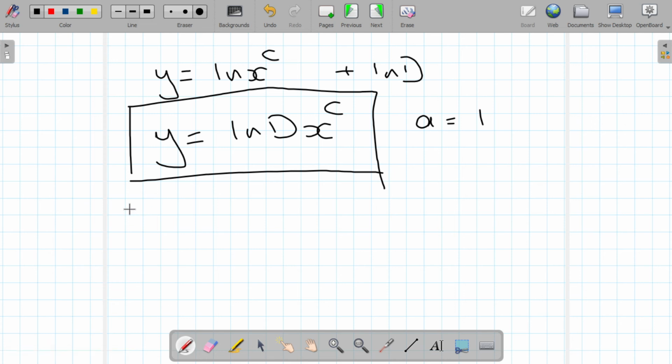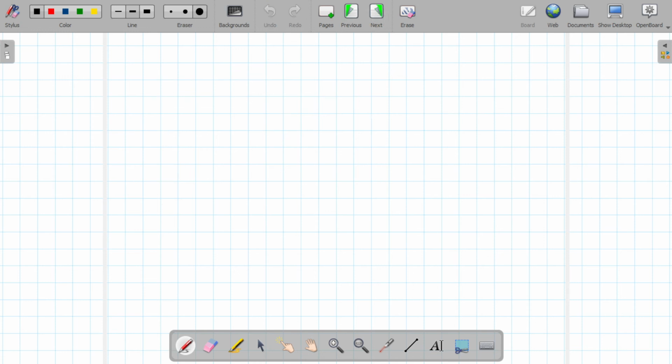So when a is not equal to 1, what do we do? Well, let's go on to the next page. We'll write down the original differential that we got: dp by dx is equal to minus a over x times p.